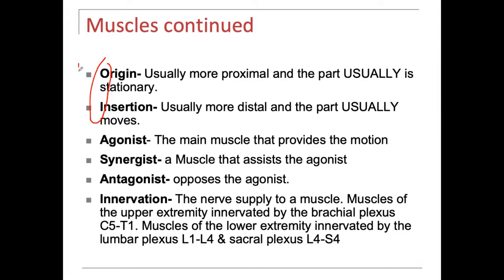So one of those tendons is going to be an origin, and the other tendon is going to be an insertion. The one that's usually more proximal and usually stationary or not moving is the origin. The tendinous attachment that's usually more distal and usually the part that is moving is the insertion.